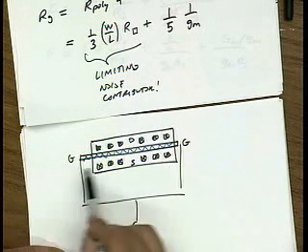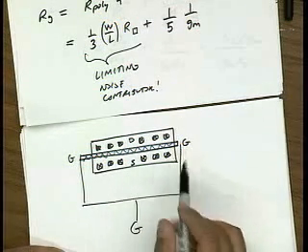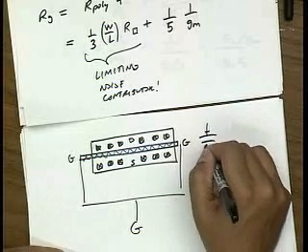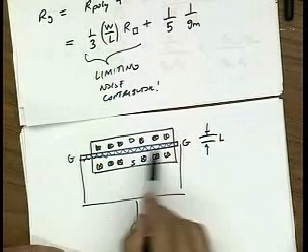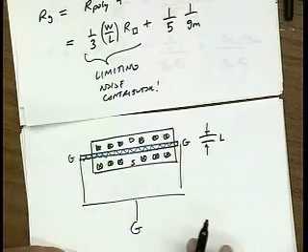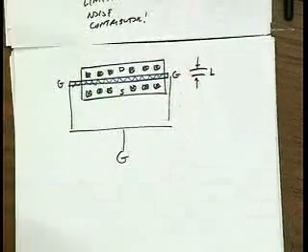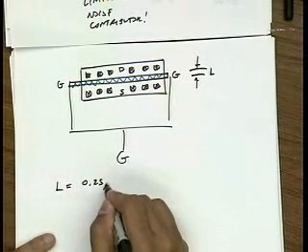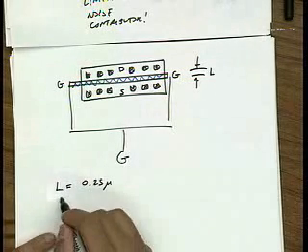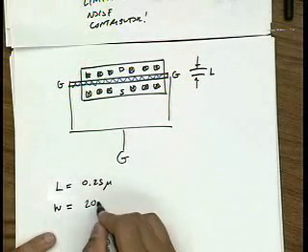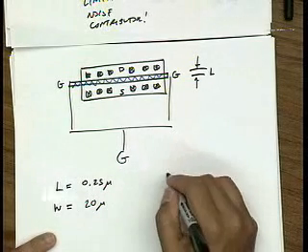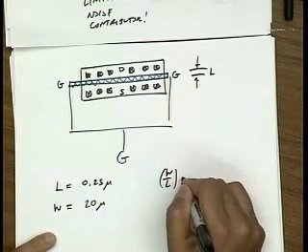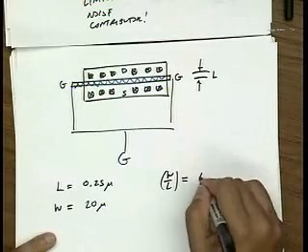But ultimately, if I have a very small channel device, if L is very small, you can see this resistance can get pretty large. But let's say, just for example, that my L is 1/4 micron. And let's say I'd like to have a W of 20. So then W over L is 80.